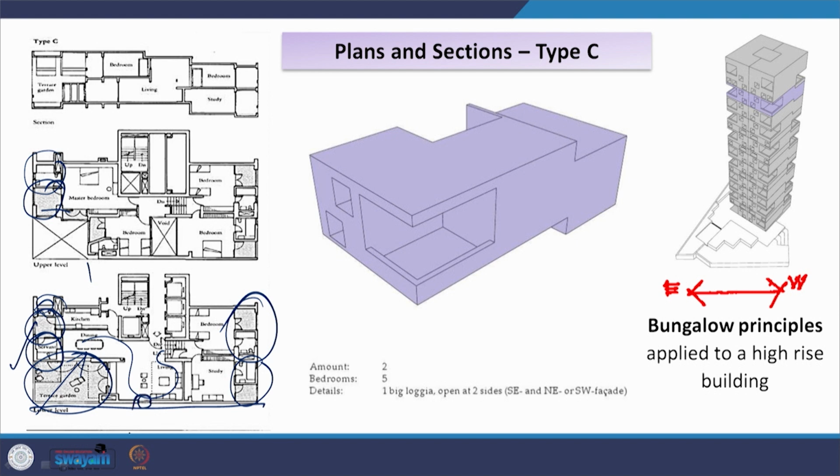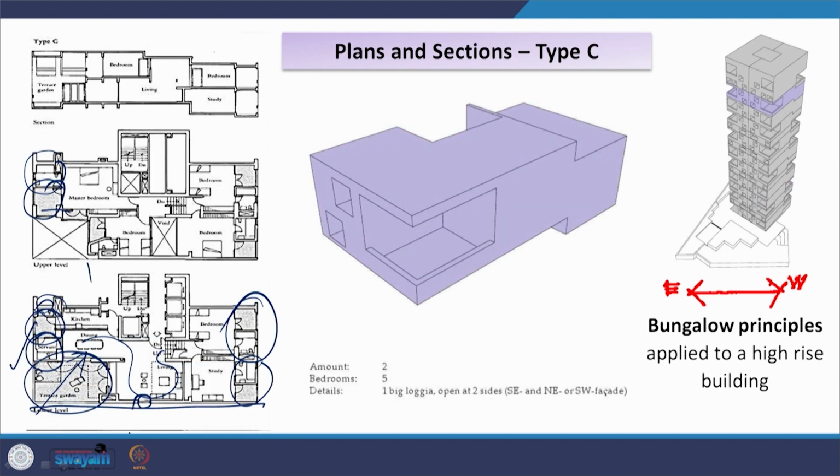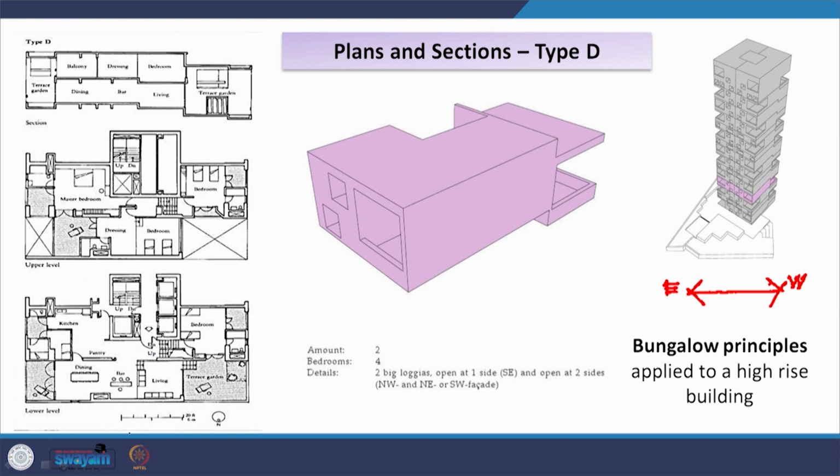So he is attempting to create the same bungalow principle in the apartment block. He does that in type C, he does that in type D. He is trying to keep the living spaces as protected as possible from the direct impact either of the monsoon rains or the glare of the sun, because of this orientation, the east-west is like this in this case.